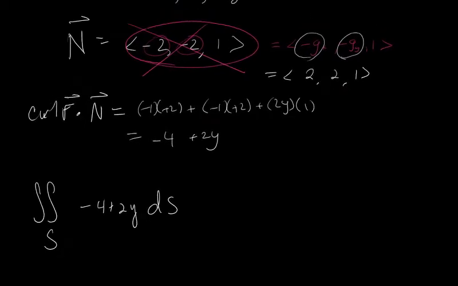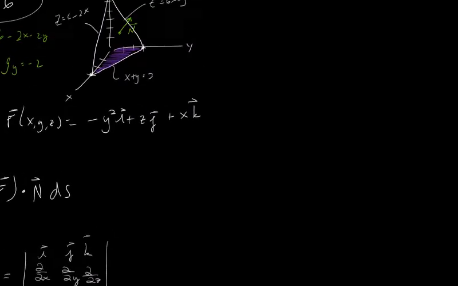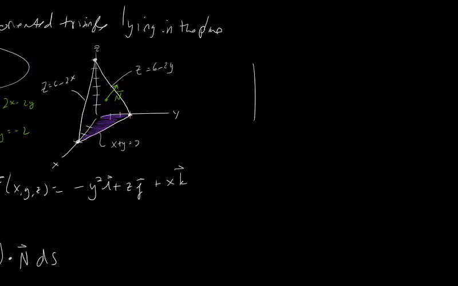So let's go back up here and take a look at our region and see how we can get this bounded. So I'm going to redraw our region in the xy plane. Okay, so it's intercepting both axes at 3, and this is x plus y equal to 3.